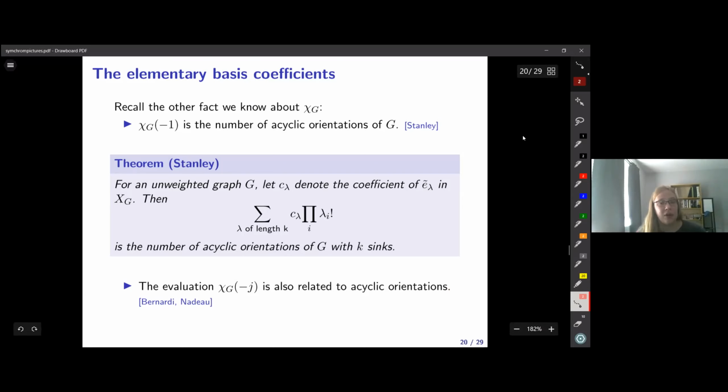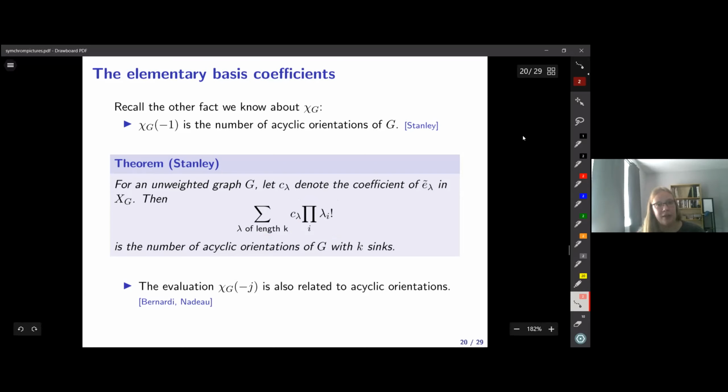And if I sum over all partitions of the same length, the coefficient of the term E lambda in xg, and I also add this corrective factor, which I pay for defining the e's in terms of graphs instead of the normal way, then this sum counts the number of acyclic orientations of G with k sinks, where an acyclic orientation of a graph means every edge gets a direction and I don't have a directed cycle. And then sinks are just vertices of out-degree 0.